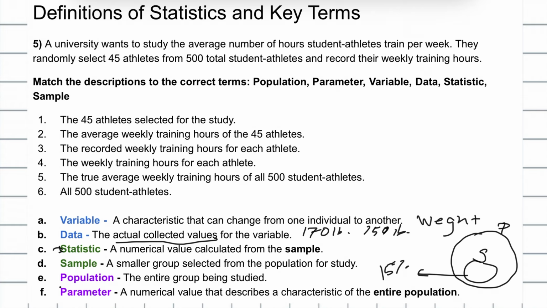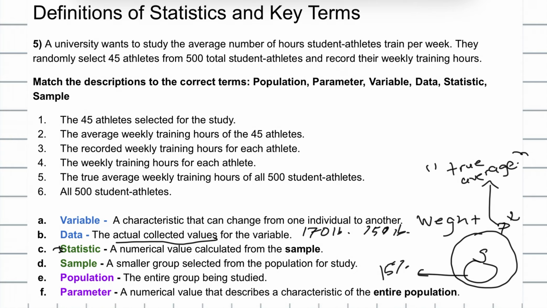And finally, the population is the entire group, and the parameter is a numerical value that describes a characteristic of the entire population. So usually the population is described by the parameter as the true average. That's a very common statement, or you can say the approximate average.